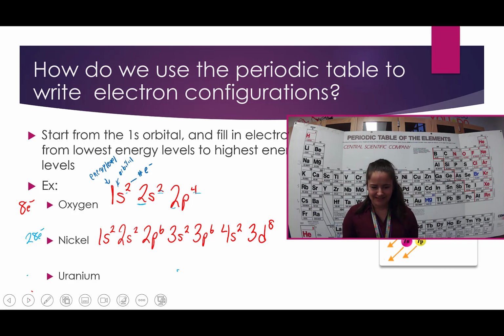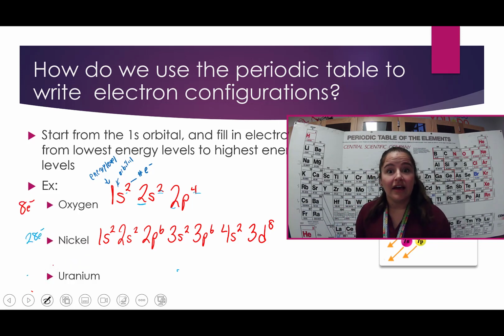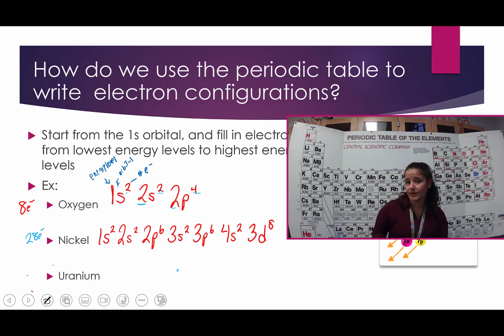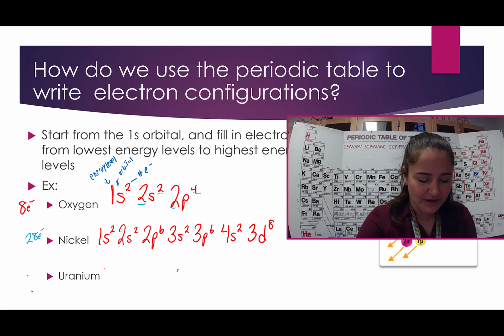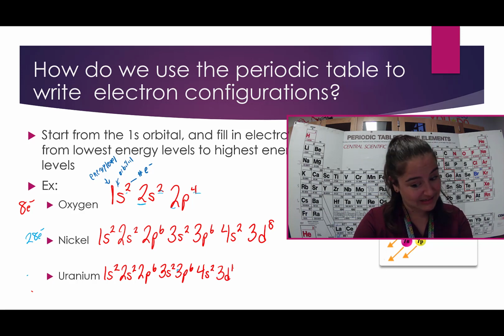But let's go ahead and see how we would write this. It's going to be long, so write small. We're going to start at the top and work our way through. I'm going to go kind of quickly in the first couple, and then I'll start slowing down when we get into those f orbitals. So we start at that top, and we got 1s2, 2s2, 2p6, 3s2, 3p6, 4s2, 3d10.